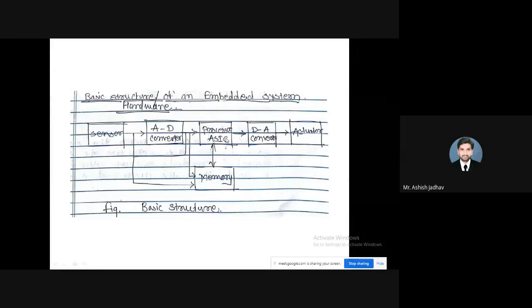To excite that driver, or to energize that relay, you should produce some signal, and that signal has to be in the analog form. This analog signal is taken out from the digital to analog converter. Then it will be able to actuate the actuator, or you can say driver. So this is the block diagram of hardware that we have in an embedded system.